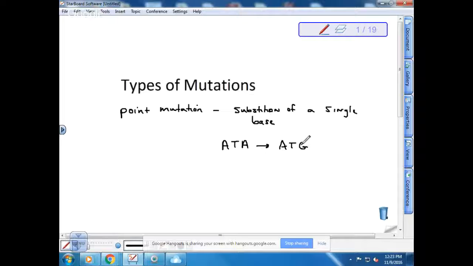So for example, if we looked at both of these, we could transcribe them, right? This would transcribe to A pairs with U, T pairs with A, and this is U. And then this one would transcribe to U, A, C, right? And then both of these would translate into tyrosine.